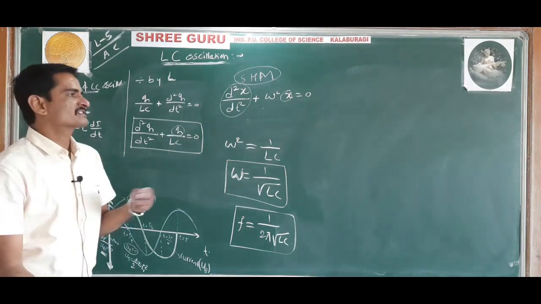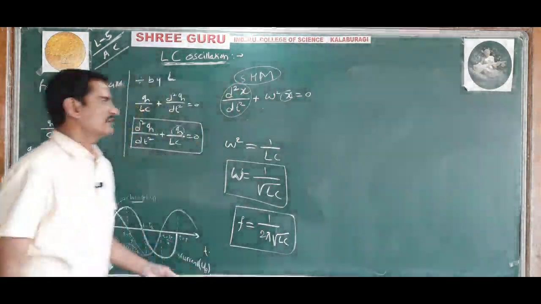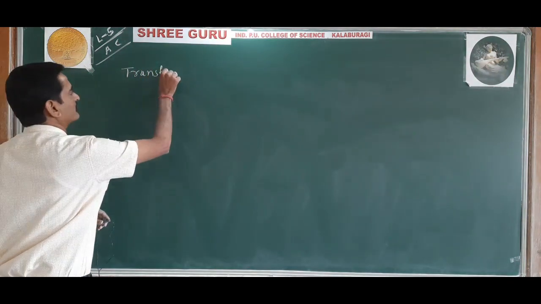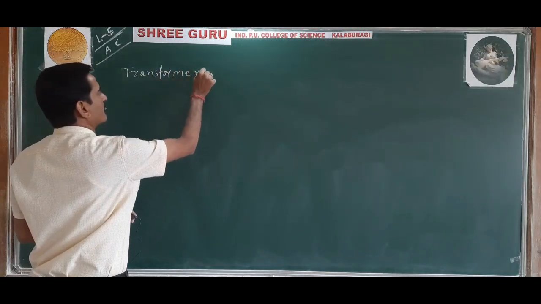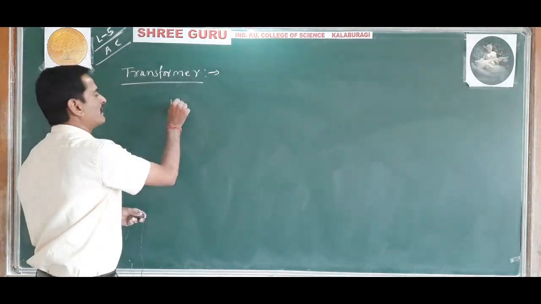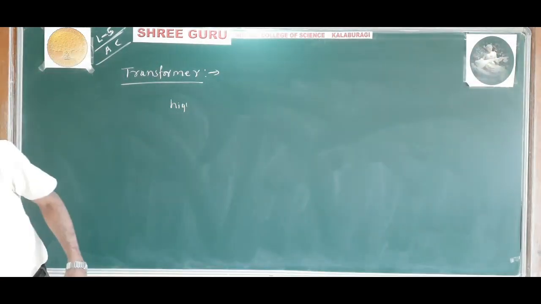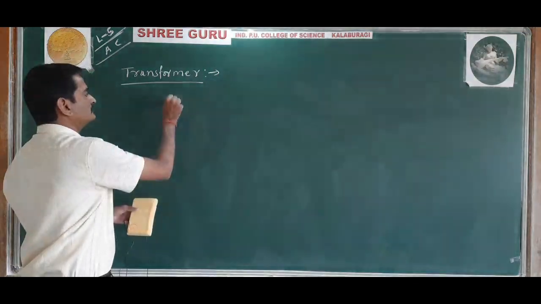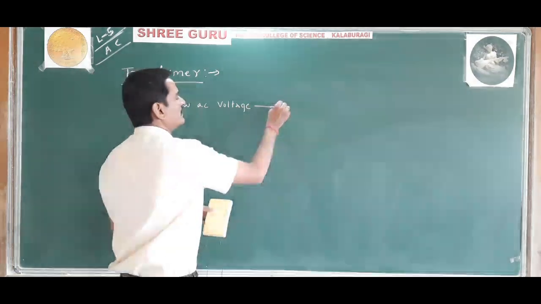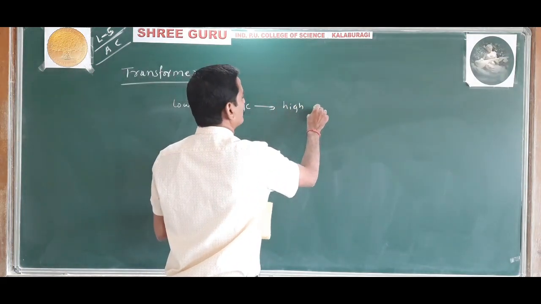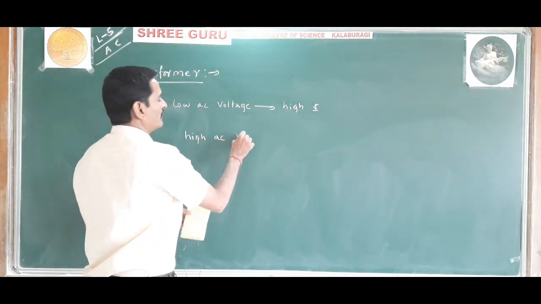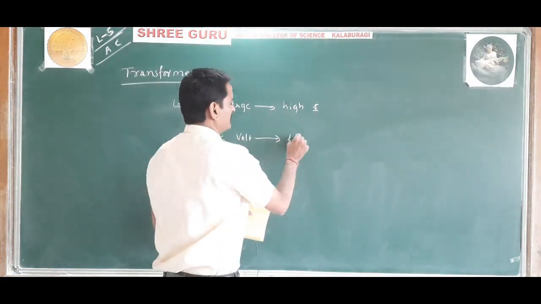Okay. Now we shall study about the transformer. Next concept, transformer. A transformer is a device which is used to convert low alternating voltage at high current into high alternating voltage at low current.